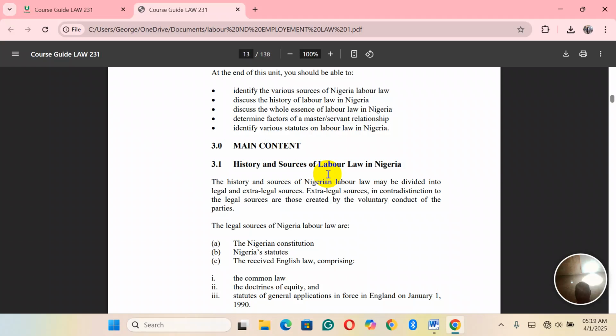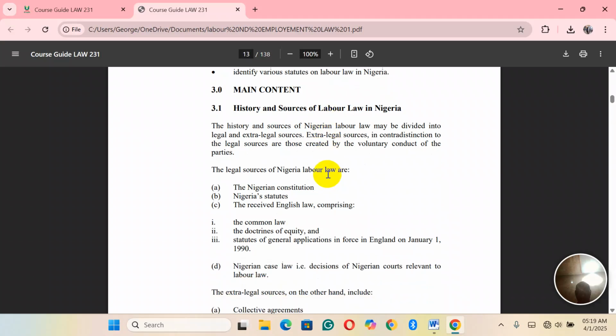The legal sources of Nigerian labor law are, one, the Nigerian Constitution; two, the Nigerian statutes; three, the received English law comprising the common law, the doctrines of equity, and the statutes of general application in force in England on January 1st, 1900.